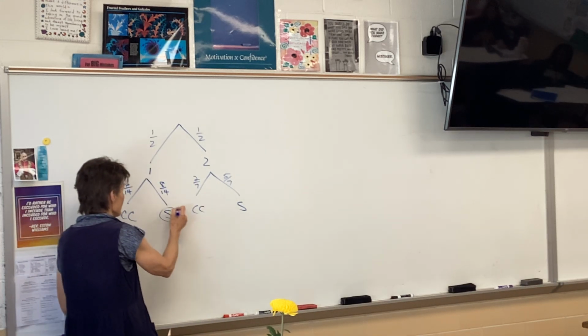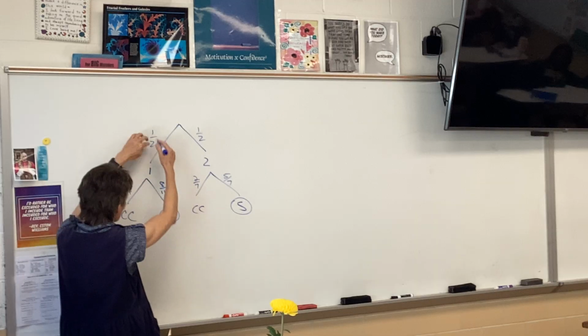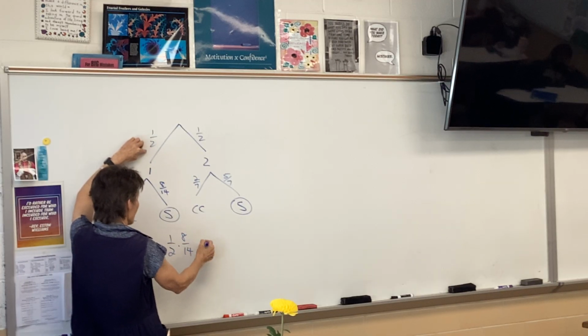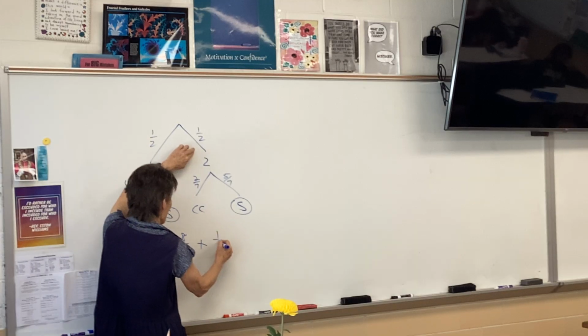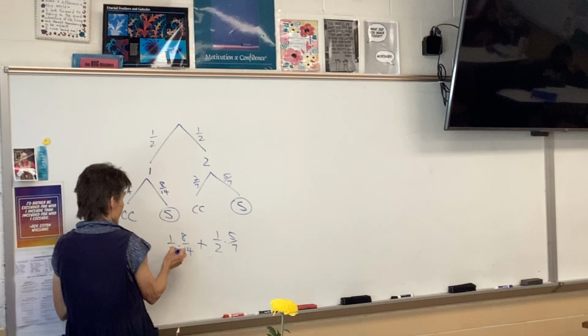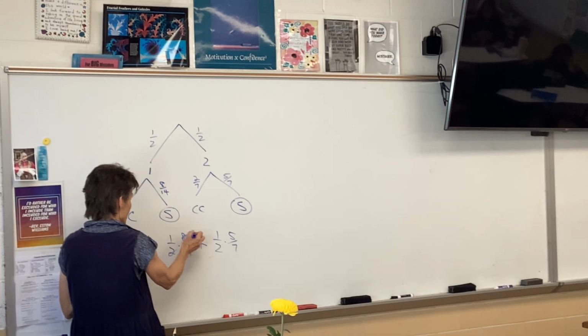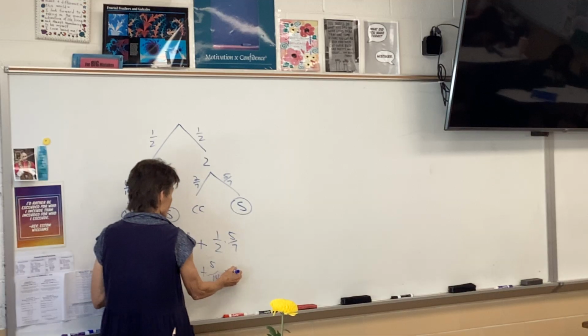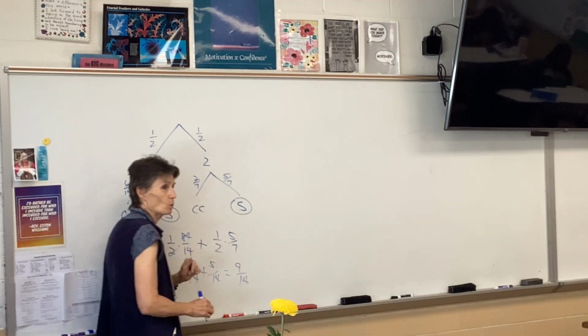A sugar cookie is here or here. So that should be 1/2 times 8/14ths plus 1/2 times 5/7ths. So 4/14ths and 5/14ths. The answer to that question is 9/14ths.